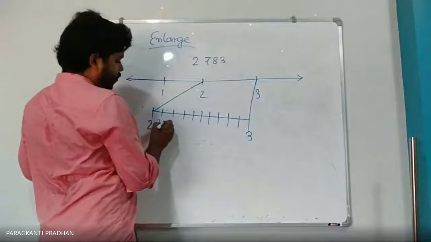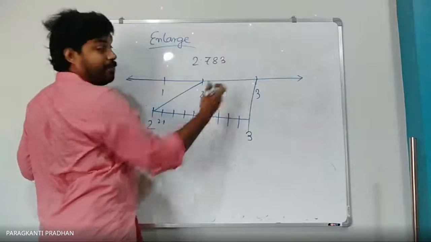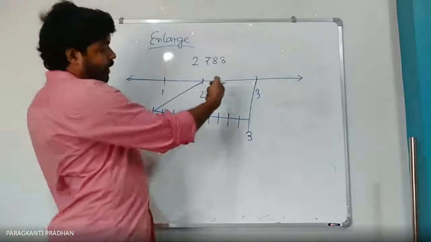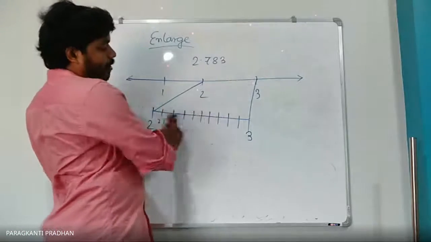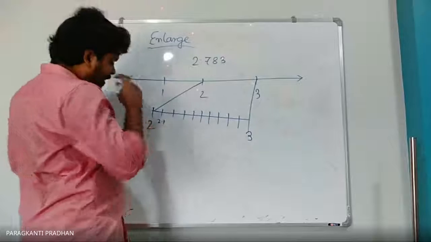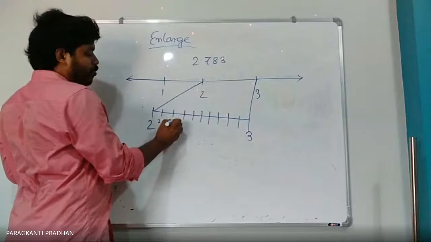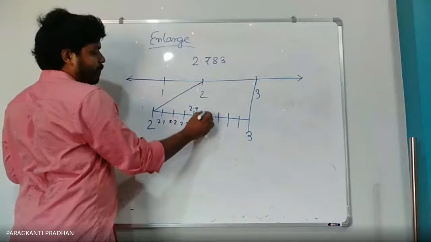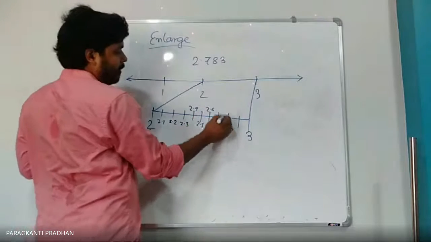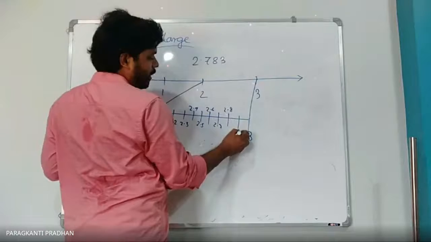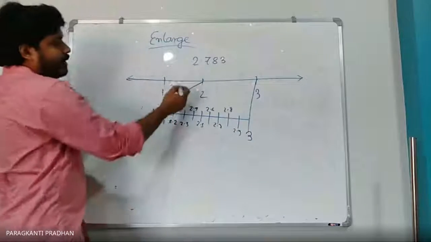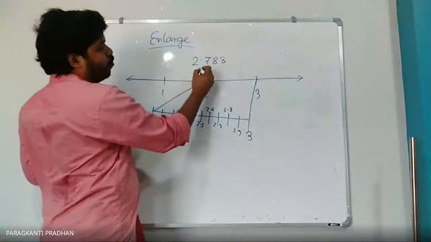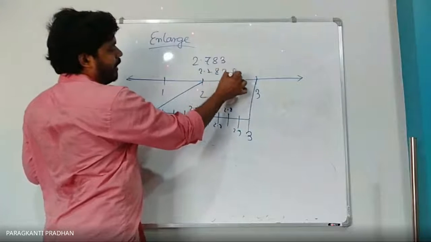This is 2.1. We are just dividing this by a magnifying glass. We just zoom it and separate it into 10 parts. So this will be 2.1, 2.2, 2.3, 2.4, 2.5, 2.6, 2.7, 2.8, 2.9, then 3. Again, this number lies between 2.7 and 2.8.